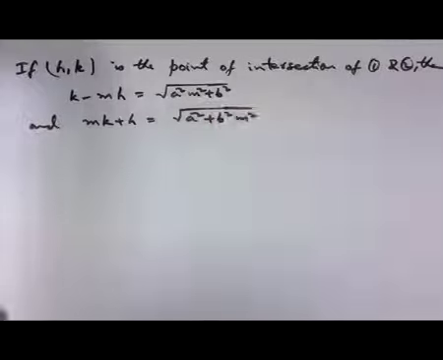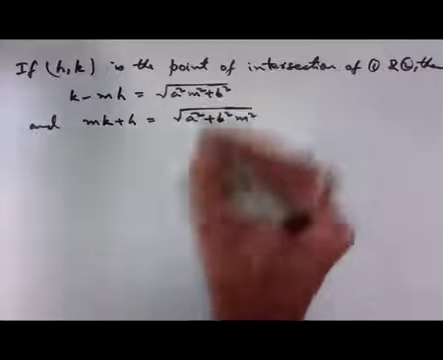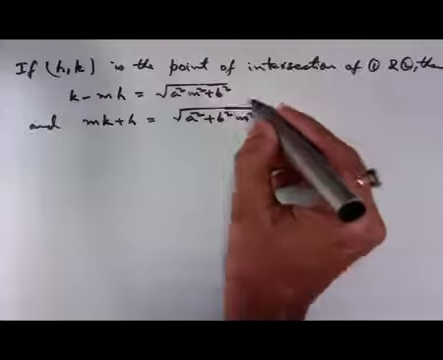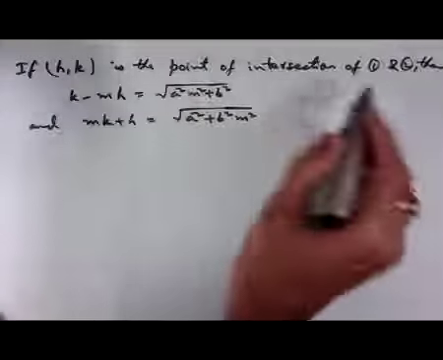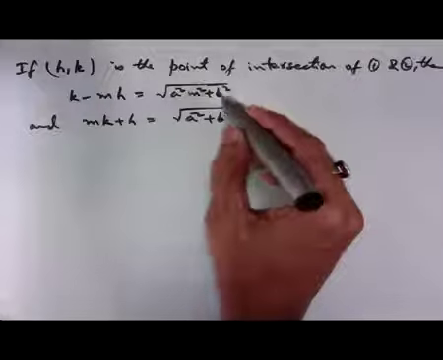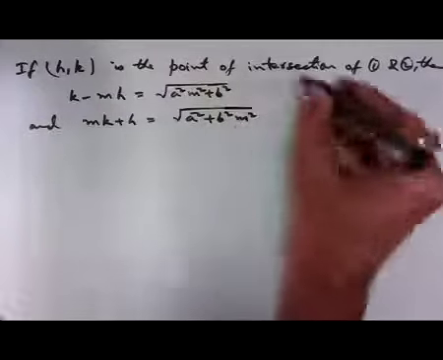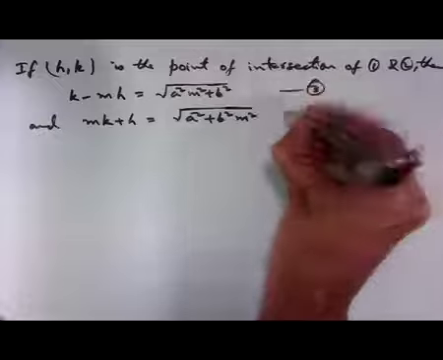So, h comma k lies on both the equations 1 and 2, this gives us these two equations. Now, to find the locus of the point of intersection, we need to eliminate m from the above two equations. Let us call this 3 and 4.